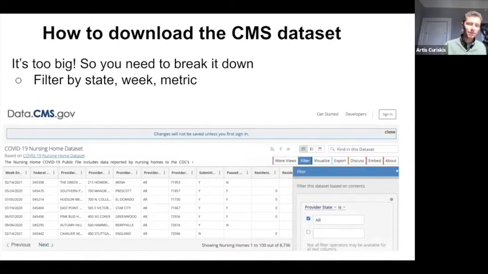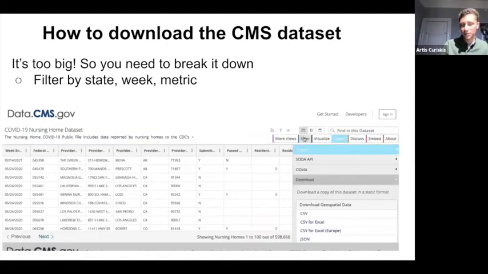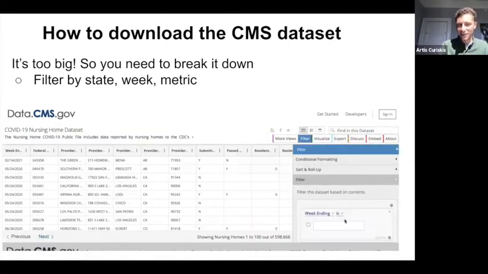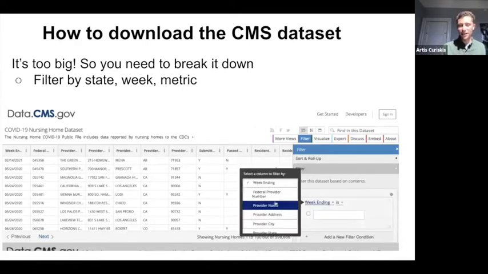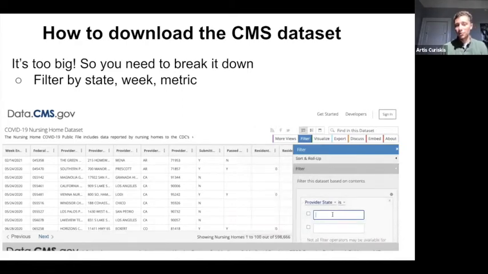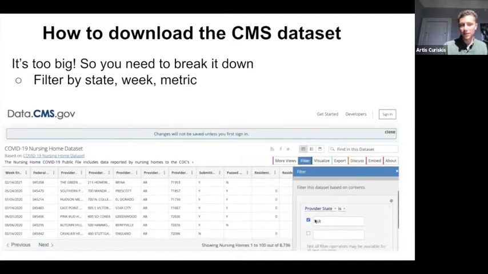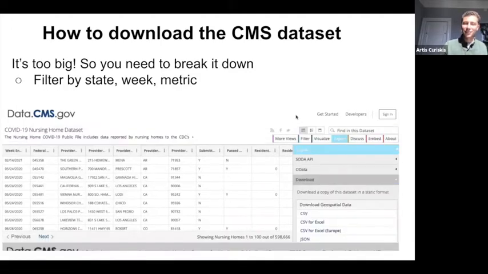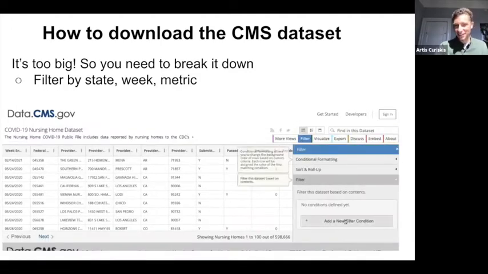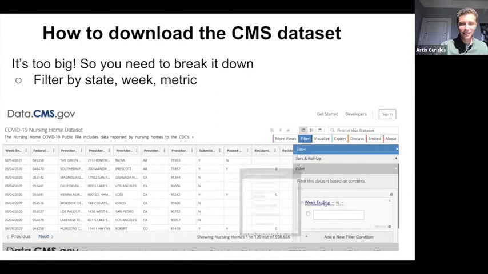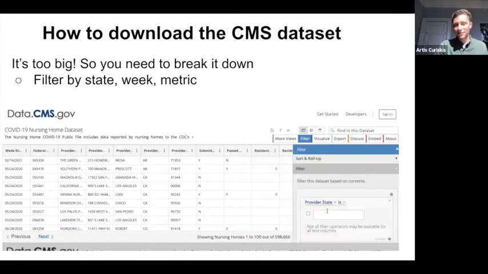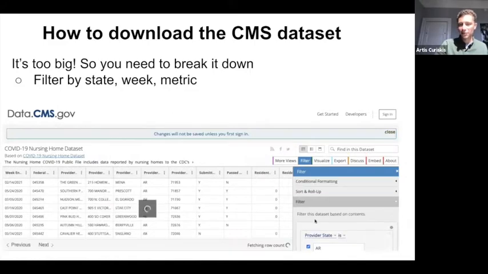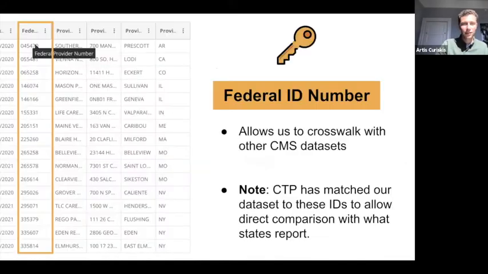And in our 101 post that I believe is live right now, there is a user guide manual on how to pull the data using this filter, or if you want to use the API version that data.cms.gov provides. There are some steps there, and some fancy GIFs like this to help you walk through it, because this is a massive resource, but it is somewhat hard to access, and we want to make it as accessible as possible.